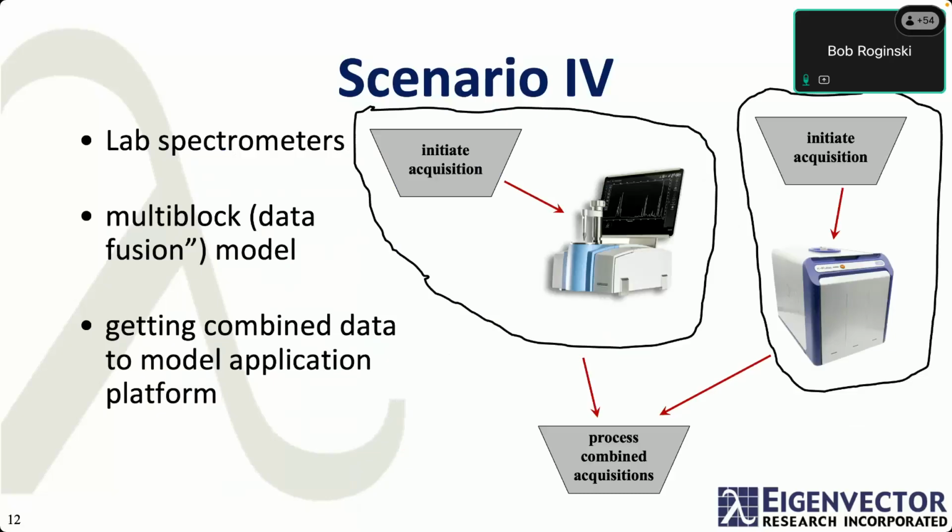That software will take care of combining the data in the appropriate order and then applying whatever scaling needs to be done, as was done in the model building process. And then from there, as in the previous slide, depending upon what kind of interaction we would have available with the LIMS system, the multi-block model would be applied to that combined data and the results forwarded appropriately.